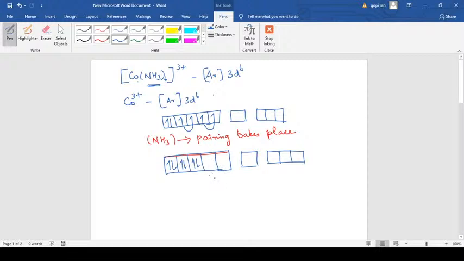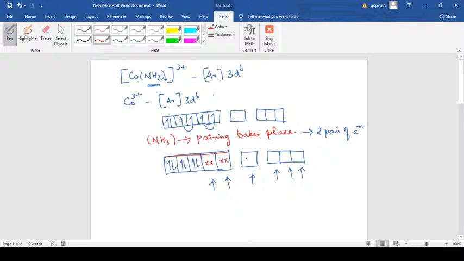See, each ammonia ligand gives a pair of electrons. Here 6 ligands are there: 1, 2, 3, 4, 5 and 6. I'll mark it in a different manner so that you come to know. These are all ammonia ligands.